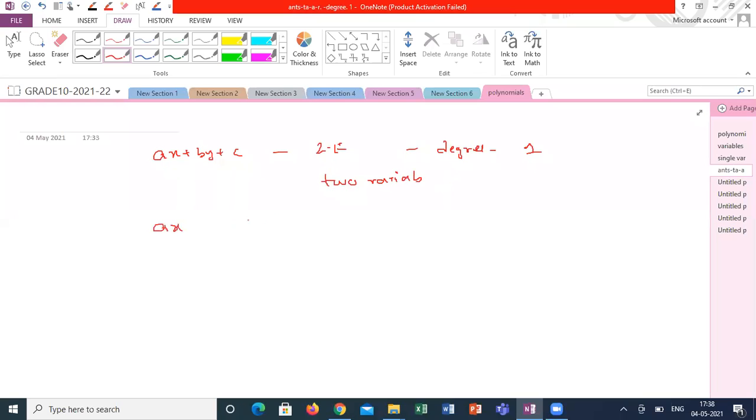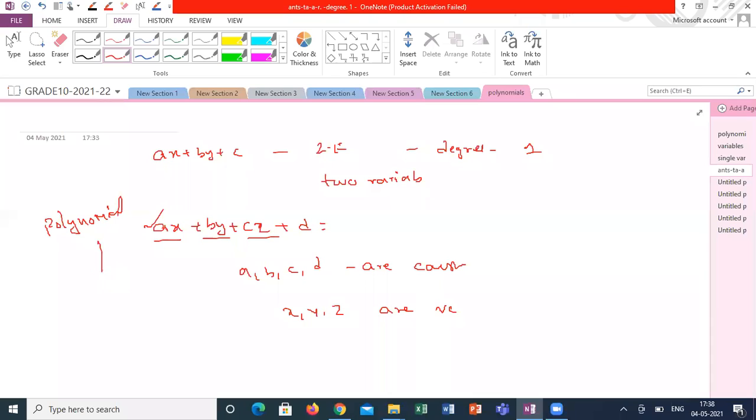A linear equation of three variables, ax + by + cz + d, where a, b, c, d are coefficients or constants, and x, y, z are variables. So this is also a polynomial, a polynomial of three variables of degree 1.